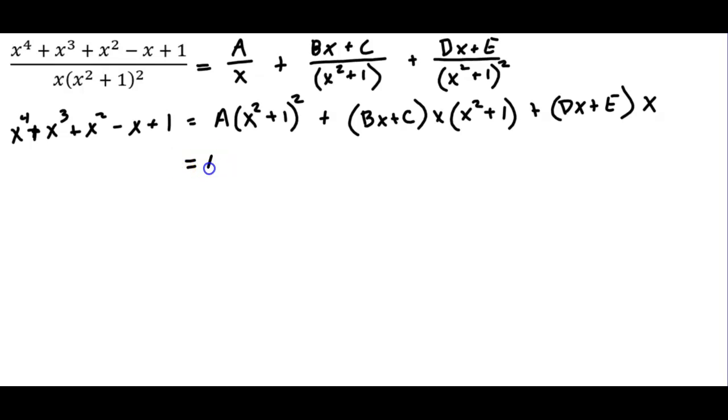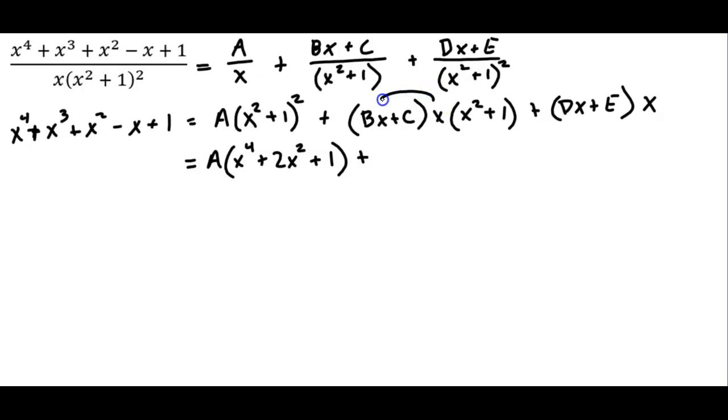We're going to have A times, and I'm going to square that binomial. It's going to be x to the 4th plus 2x squared plus 1. And then, now how am I going to multiply this out? I'm going to distribute the x that's in the middle there.